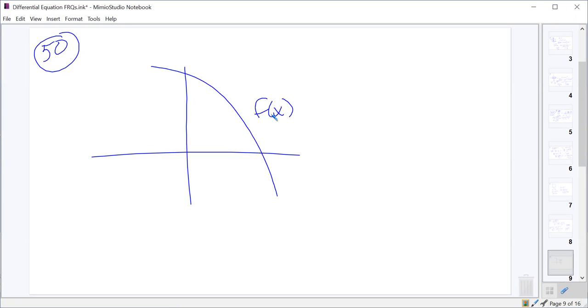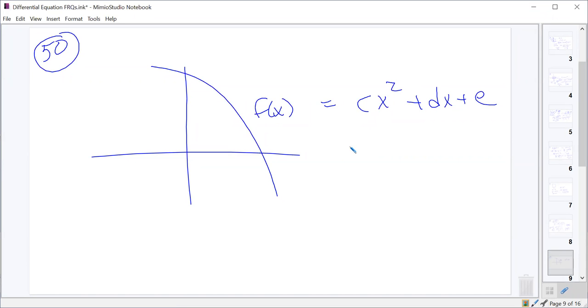And it says this is called cx squared plus dx plus e. And we want to know about c, d, and e being positive or negative, effectively.